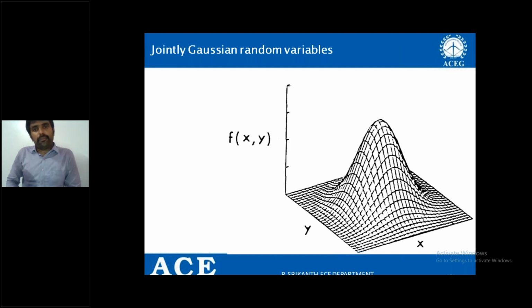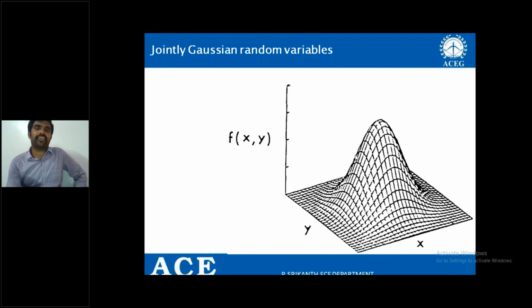Similarly here, if I take two random variables, you need to take a 3D view. Along the vertical direction you will have the density function f of x comma y, and this plane will become the xy plane, the plane of the two random variables x and y. When the random variable values change, how the density function changes is represented graphically.